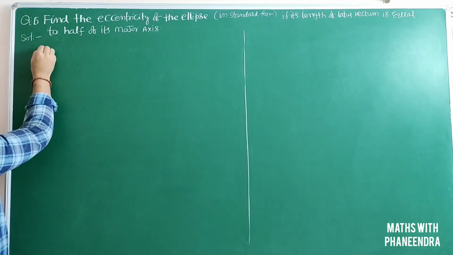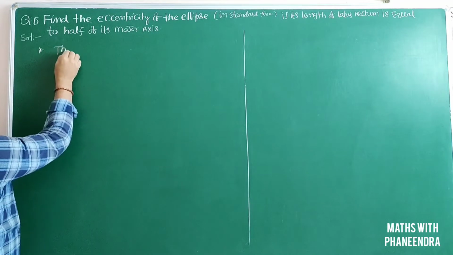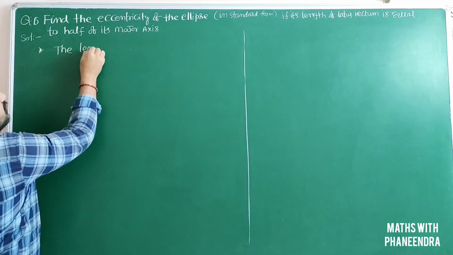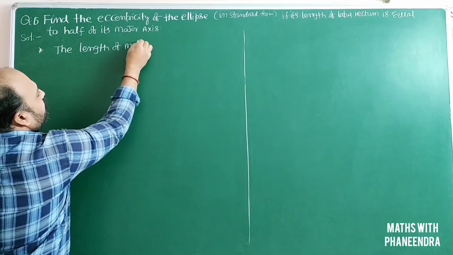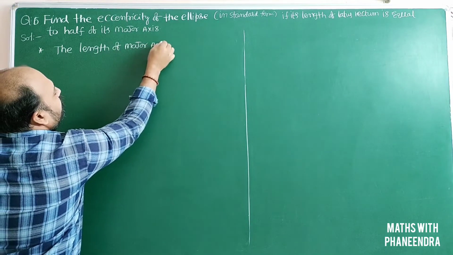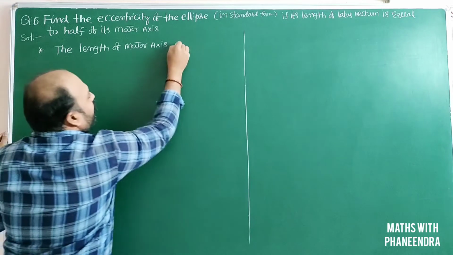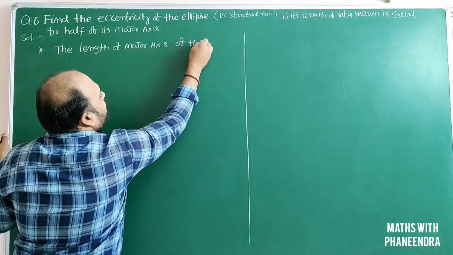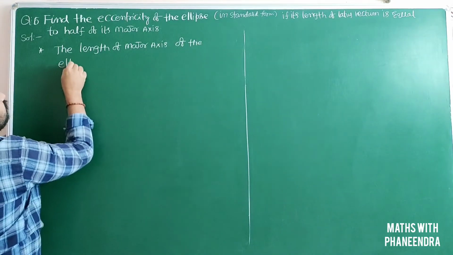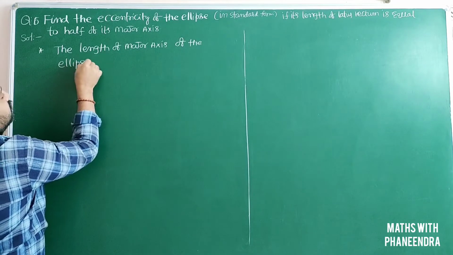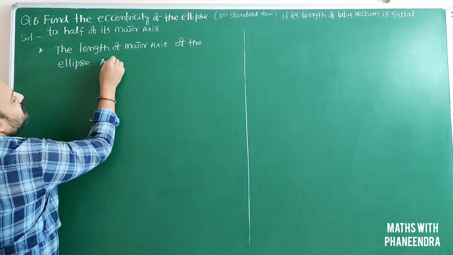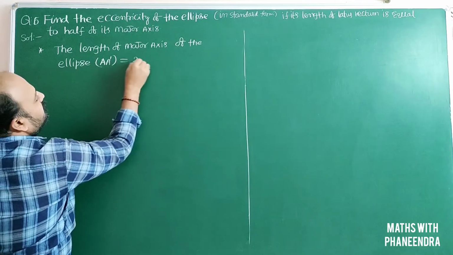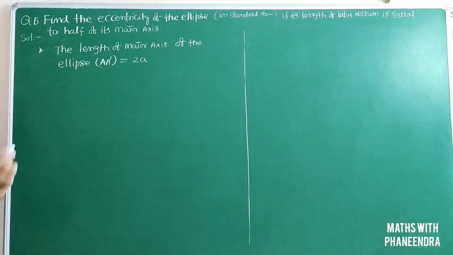First, in the solution, the length of major axis of the ellipse, a dash, is equal to 2a. Length of major axis we got it.